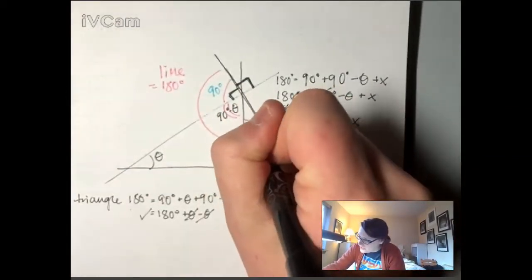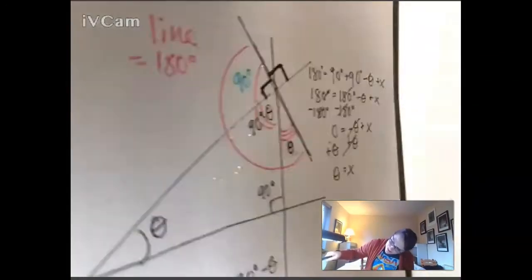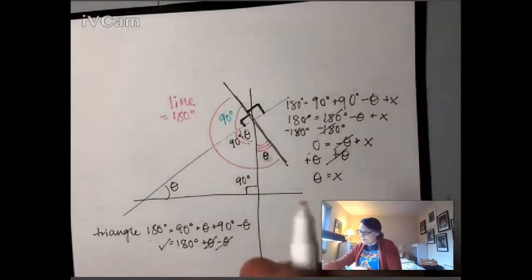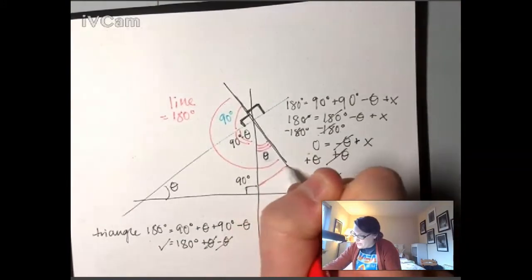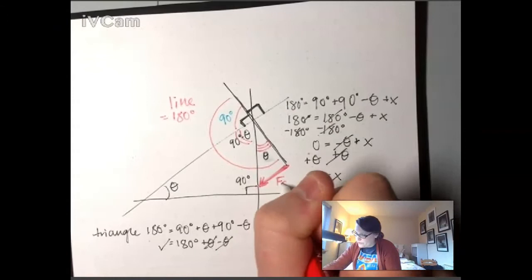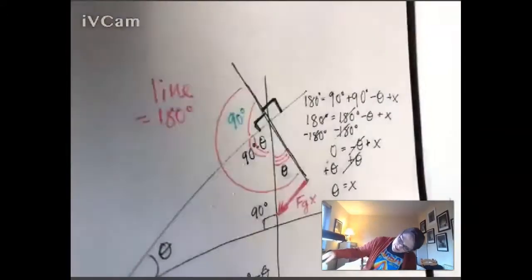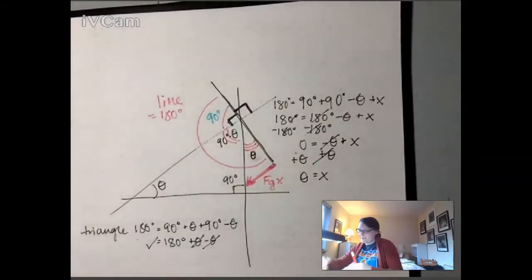So this angle right here is theta. To bring this back to our diagram on the previous page, here is where I had one side of my triangle, force of gravity in the x direction, and blue for the other one.